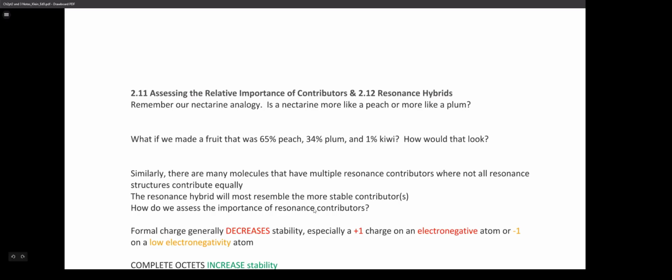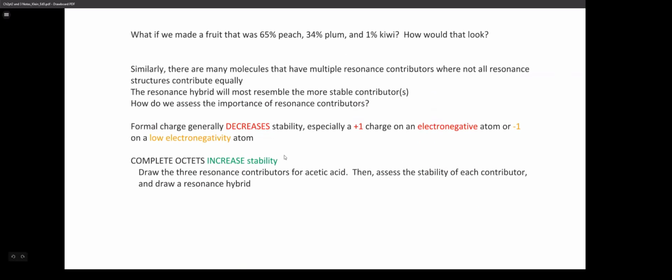So we have to have rules here in terms of what things give us better resonance structures. So formal charges, the more formal charges you have, the less stable. Especially when you have a positive one on an electronegative atom or a negative one on a low electronegative atom.